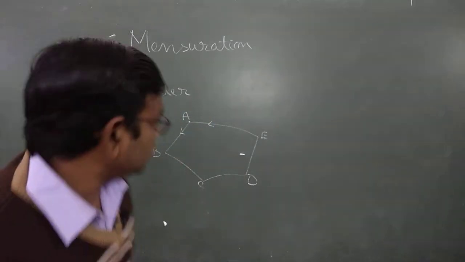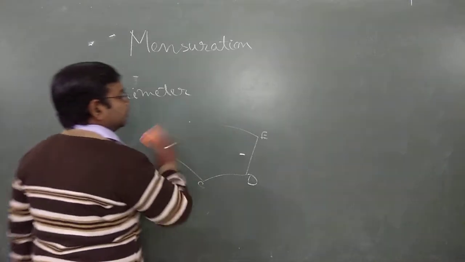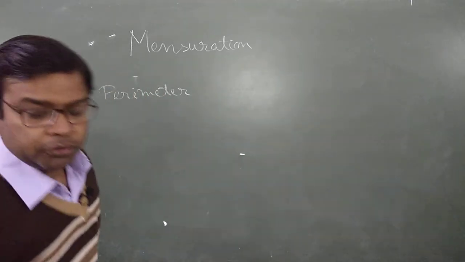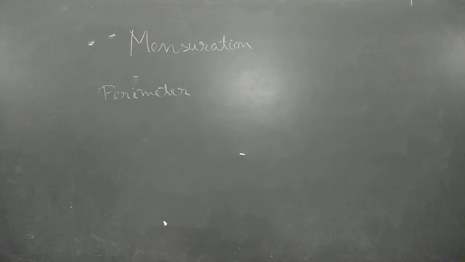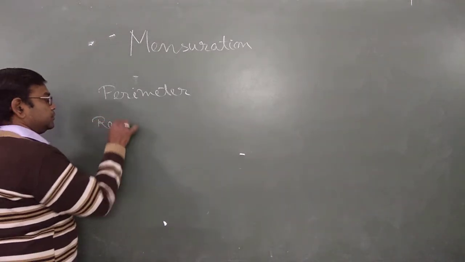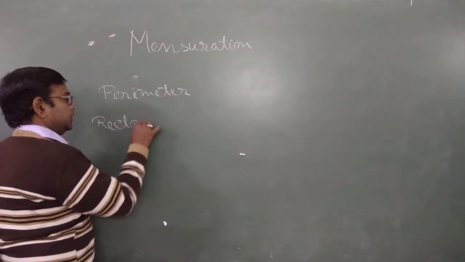So let's start with how we find the perimeters of different polygons. First is the perimeter of a rectangle.